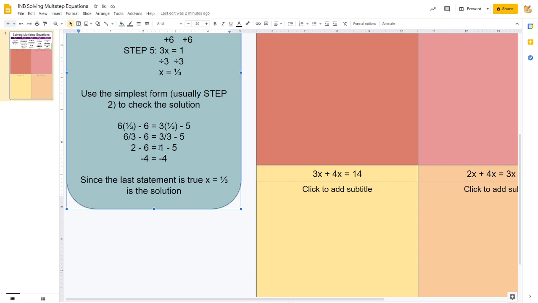And then you do the same with 1 minus 5. You can either be really good at math and say, oh, that's -4. Or say, okay, well, 1 plus -5, I'll just do 5 minus 1, which is 4. 5 is the bigger digit, so it must be -4. And since this is true, -4 does equal -4, we know that x equals 1/3 is the solution.